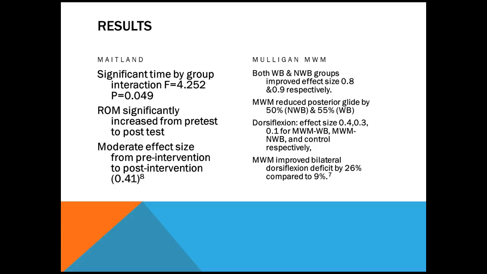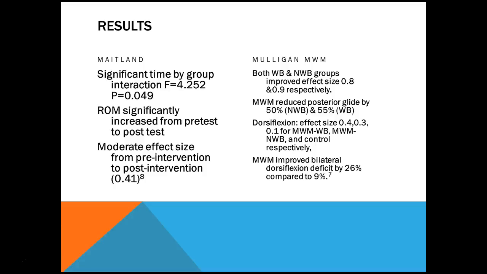So there's an improvement with the Maitland's mobilization study, and range of motion significantly increased from pre-test to post-test, and it wasn't between the control group and the intervention group. There was a significant difference in terms of improvements, with a moderate effect size of 0.41 from pre-test to post-test. The Mulligan mobilization with movement, there was a weight-bearing and a non-weight-bearing group.